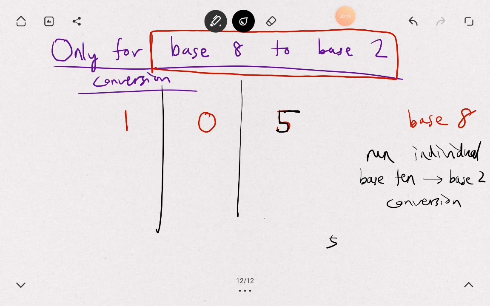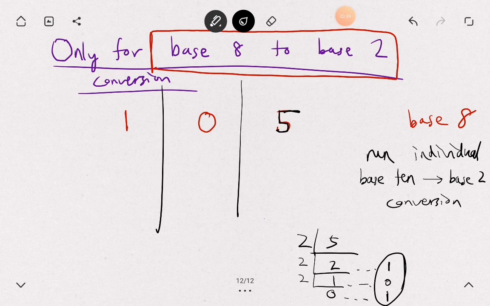So if 5 you divide by 2, you get 2 with a remainder of 1, and then you divide by 2 again, you get 1 with a remainder of 0. You divide it by 2, you get 0 with a remainder of 1. So 101 is your answer.